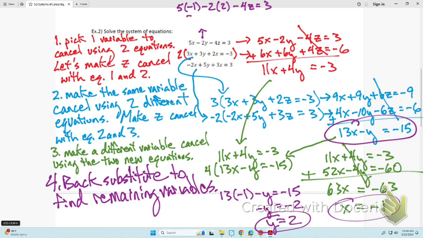So we get -5 minus 4, add 9 to both sides and we get 12, and z ends up equaling -3.